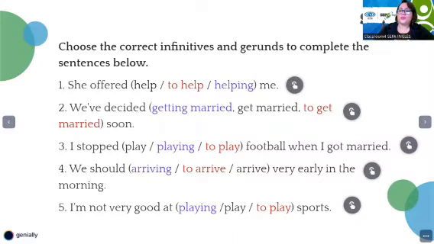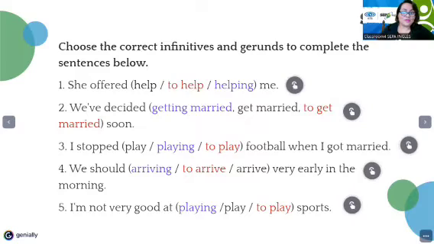Number one: she offered help, to help, helping me. What do you think is the correct one? Let's see what is the correct answer.